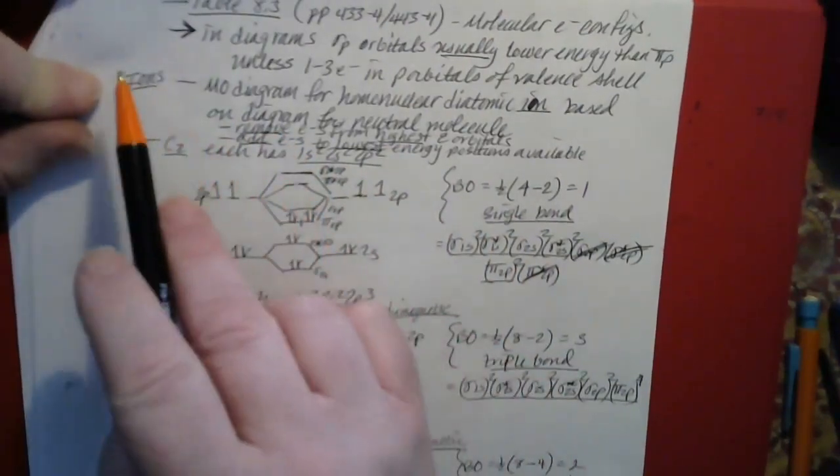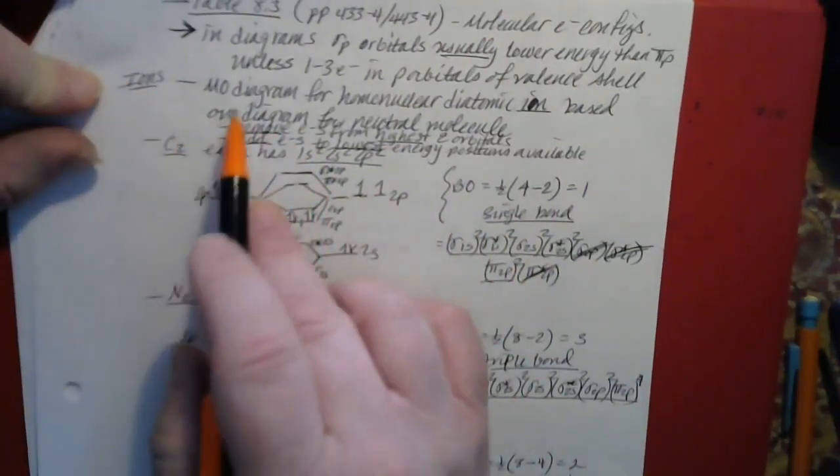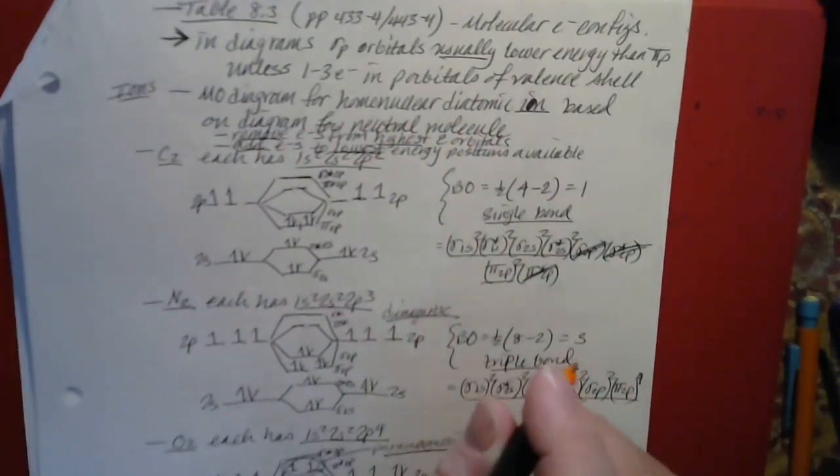If you're doing a molecular orbital diagram for ions, then it should be based on the molecular orbital diagram for the molecule. That is, the combination of the two atoms without a charge. And removal or addition of electrons basically just goes according to what we've always been doing so far.